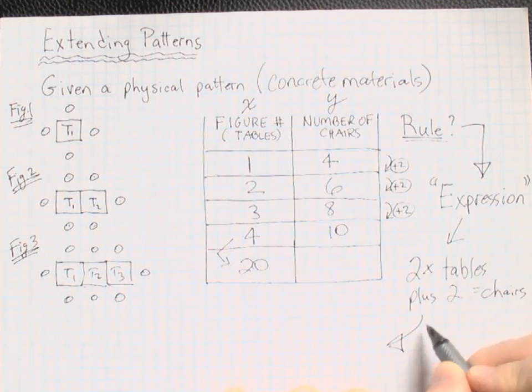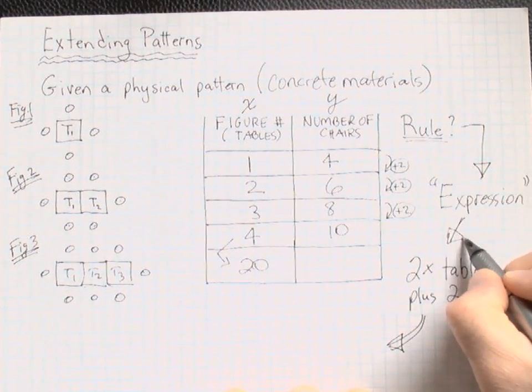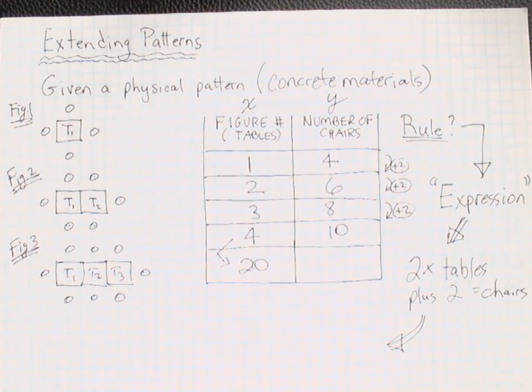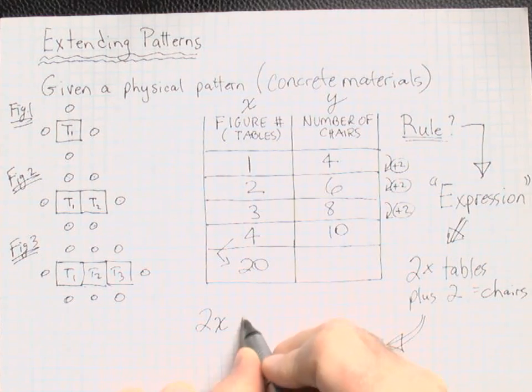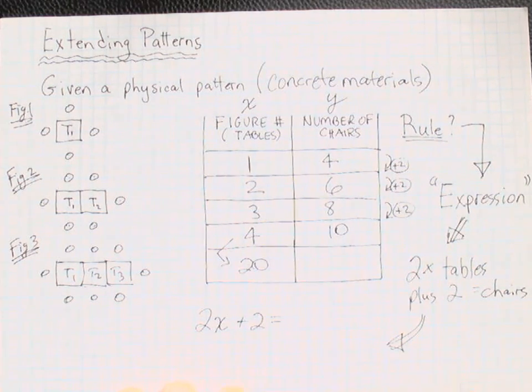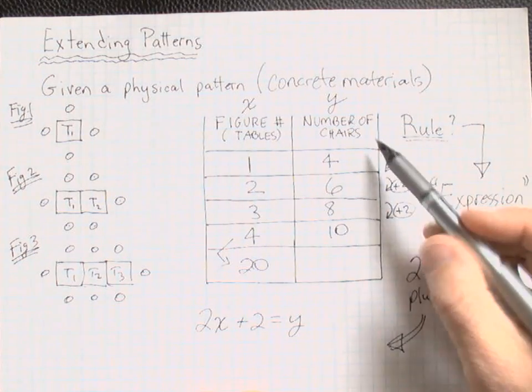We could take that further, and instead of just words, we can write that a little bit more algebraically, and we'll get to that this year. 2 times our x, which is standing for our number of tables, plus 2 is equal to y, or in this case, the number of chairs.